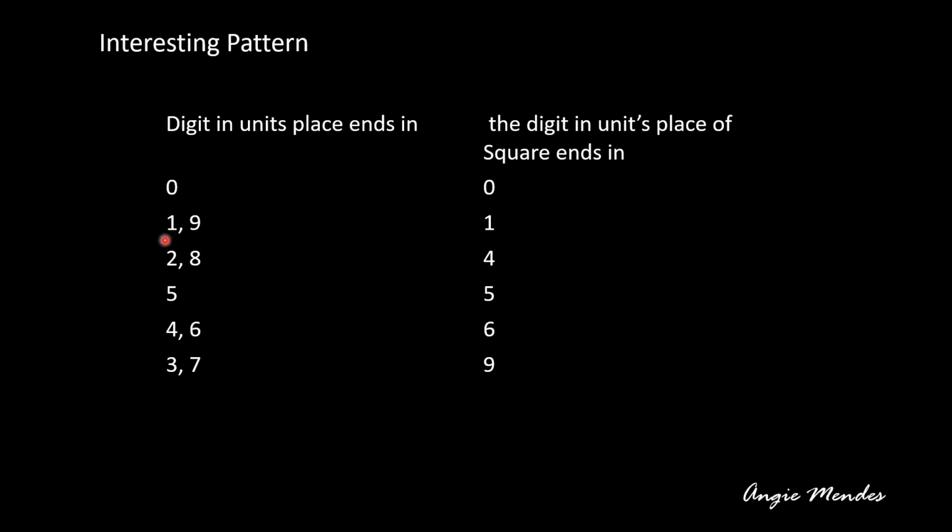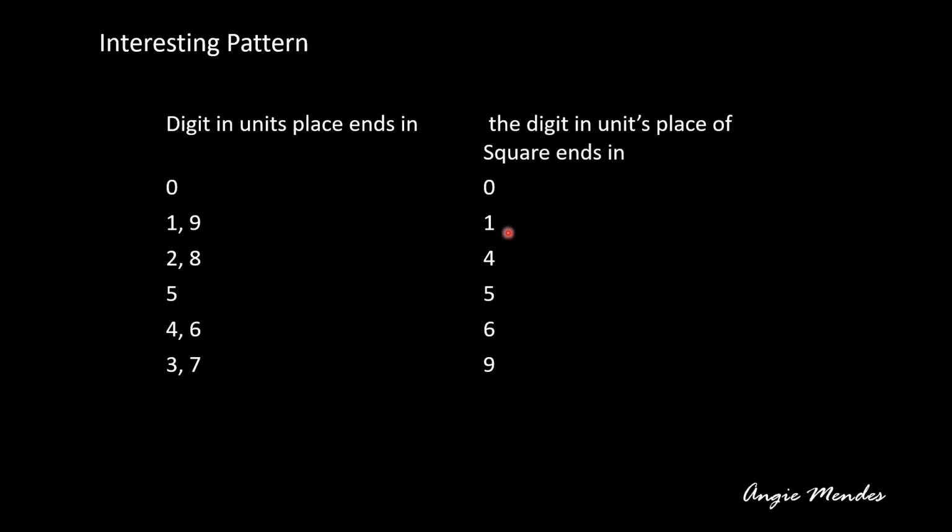The next, it states that if the digit in the units place of the given number ends in 1 or 9, then the digit in the units place of the square will end in 1. So if the number is 11, where 1 is in the units place of 11, then we know that the square of 11 is 121.